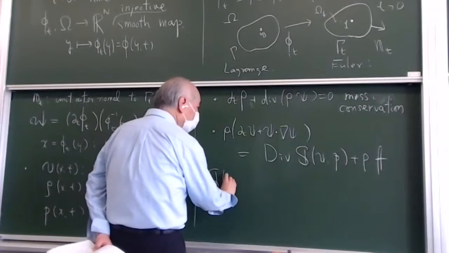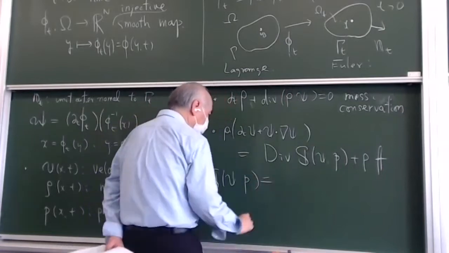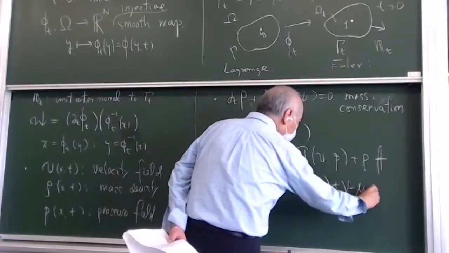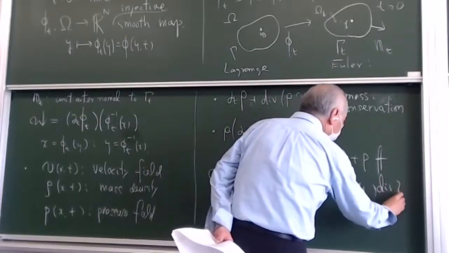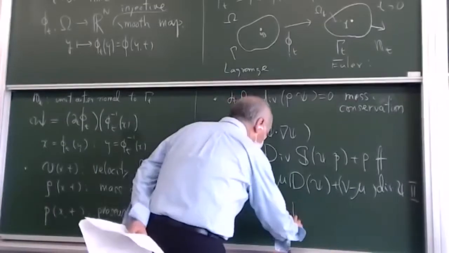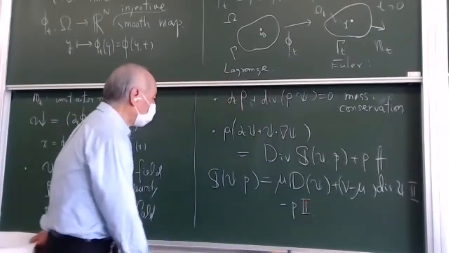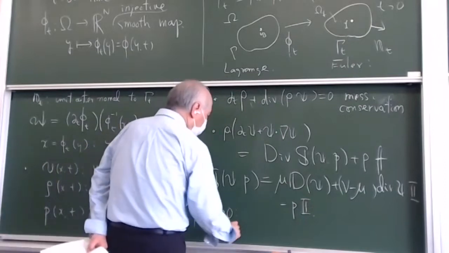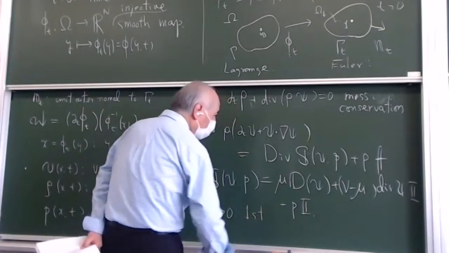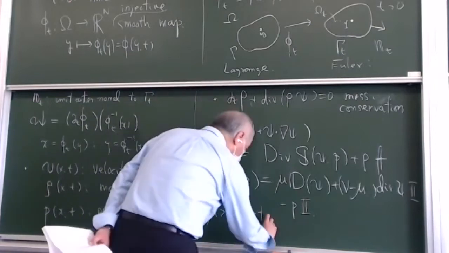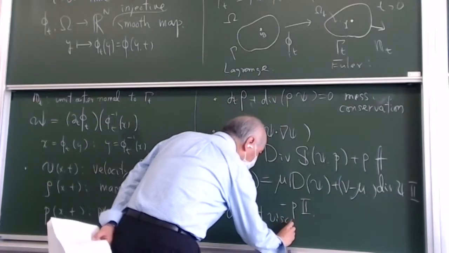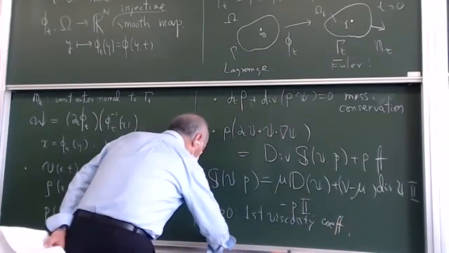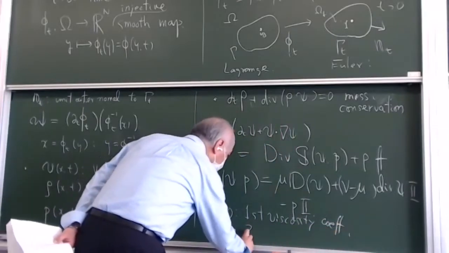And S is mu times the symmetric part of the gradient of v plus nu times div v identity minus pressure times identity. And mu is the first viscosity coefficient, and nu is the second, also positive.